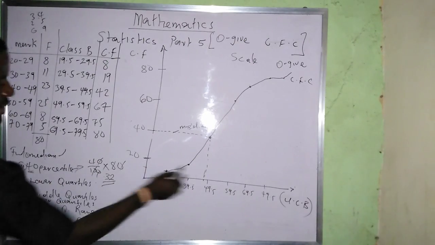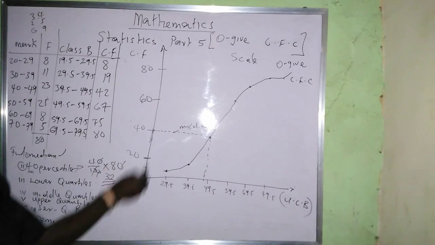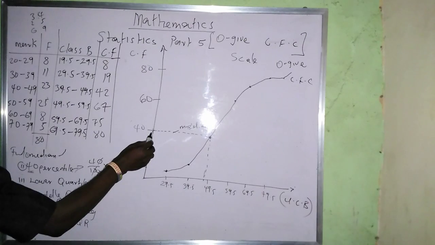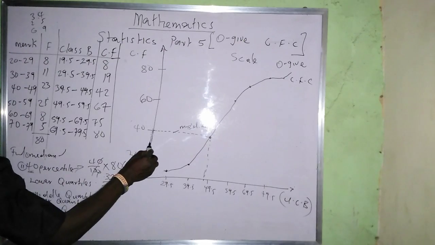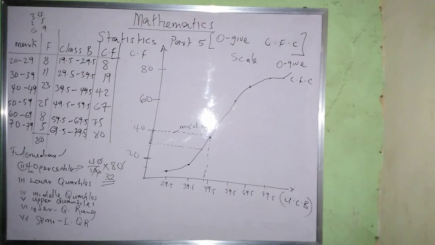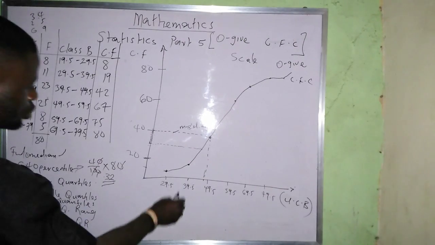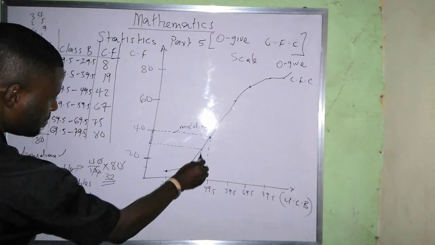It will be traced to, in between here. Now, this is my 40. I can say that it will be around, this is going to be 30. Now, my 32 around here will be traced here and traced down to where it will be around here.